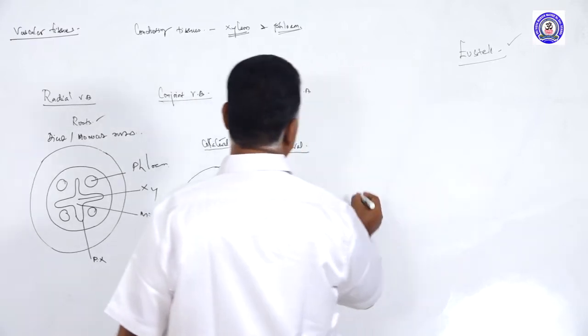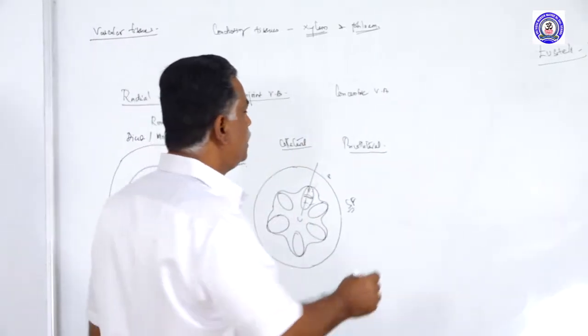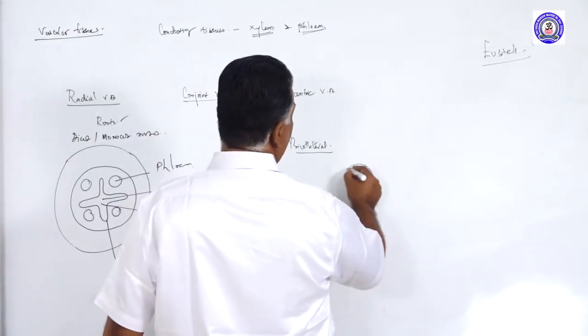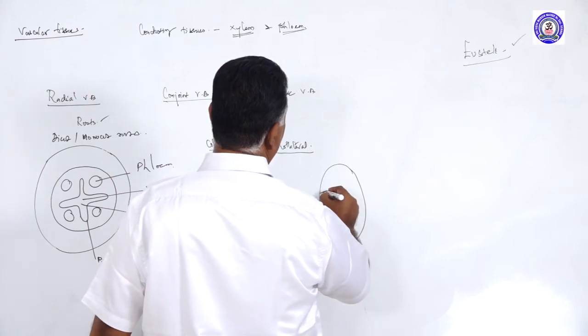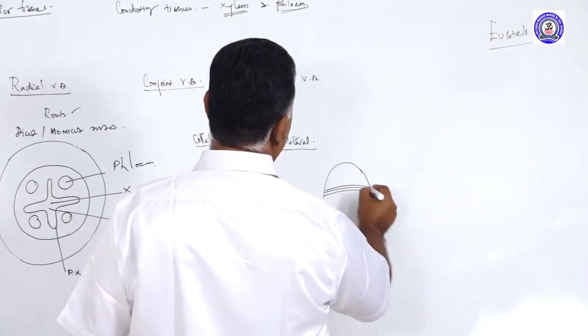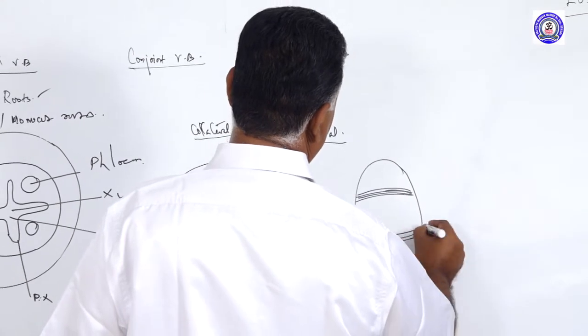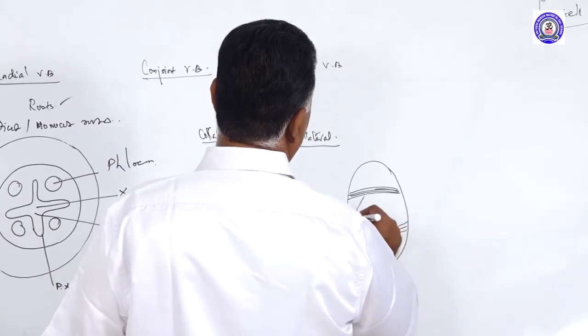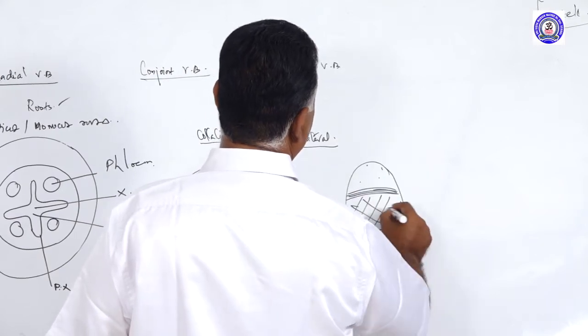And what is bicollateral? Let me draw a single vascular bundle alone. Bicollateral vascular bundle. This is cambium. Here is xylem inside. This is phloem.